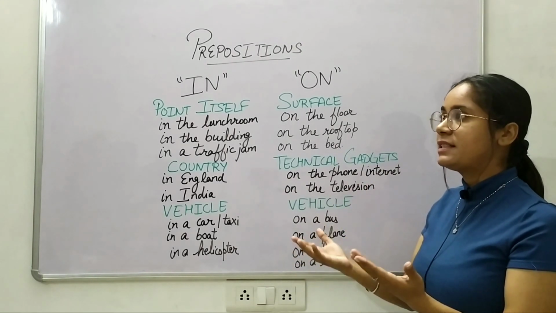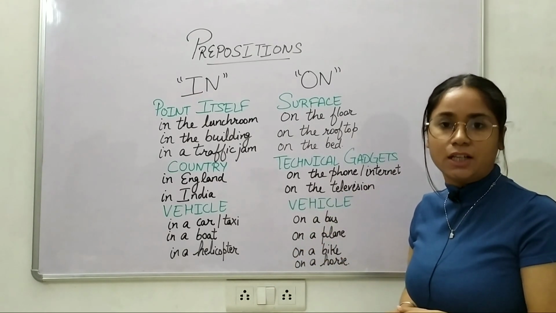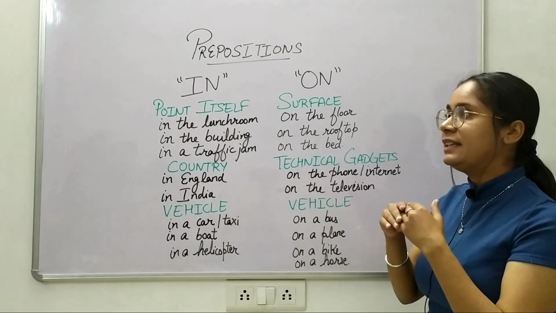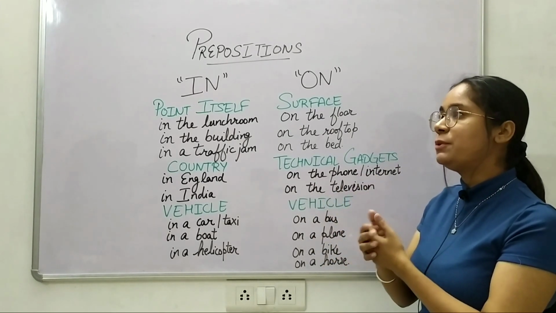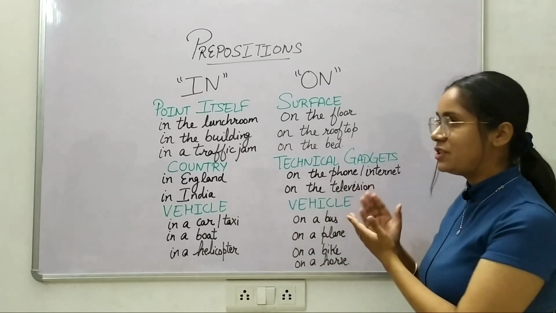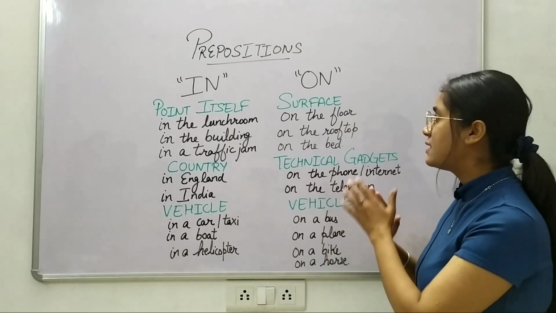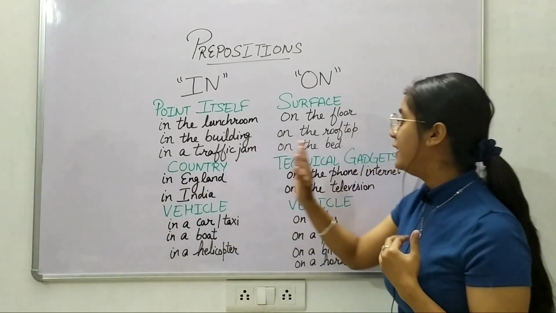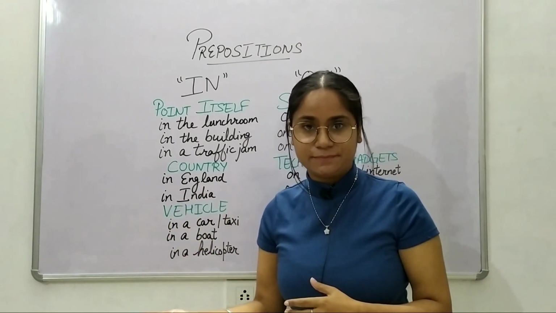I've been watching Sam being telecast on the television. Okay? I'm watching Nigeria on the television. I'm watching how beautiful England is on the television or on the internet or on the phone. Okay, so this is how you differentiate in and on regarding a place or country.